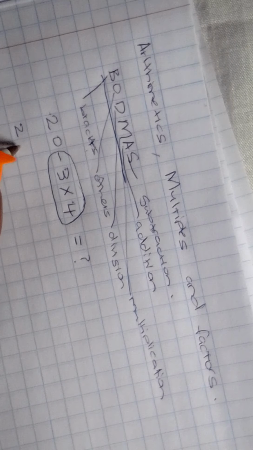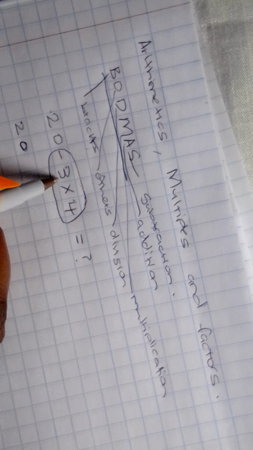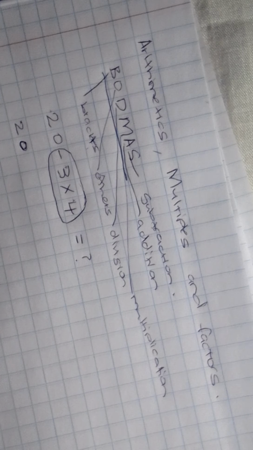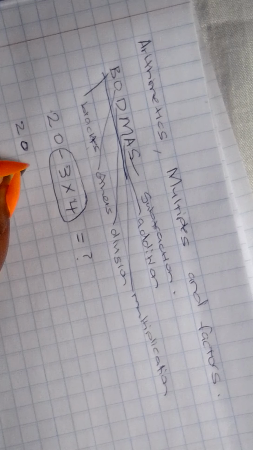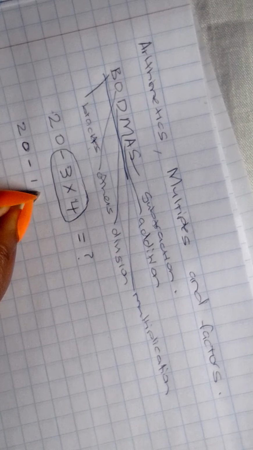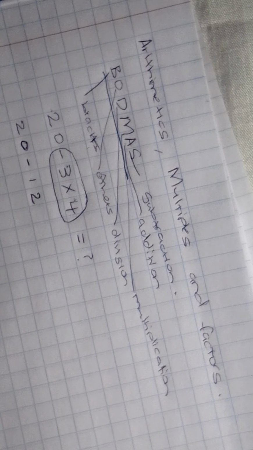That's the first stage. Minus 3 multiplying a silent plus 4 is minus 12.